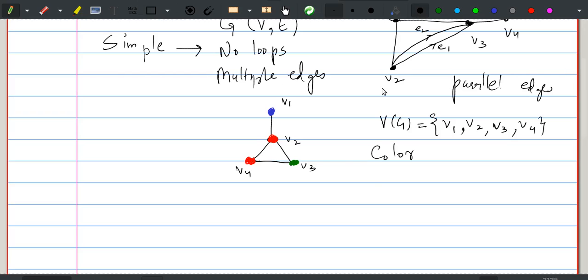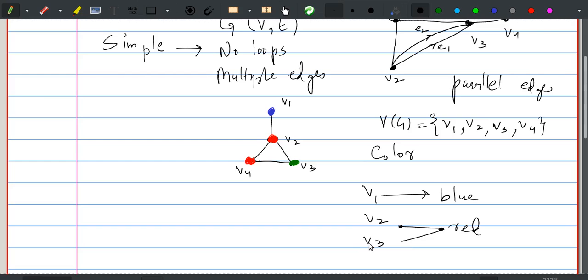For V2 and V4 we have a red color. So this is blue and this is red. And for V3 we chose the green color. So we are using these 3 colors to color these vertices over here.